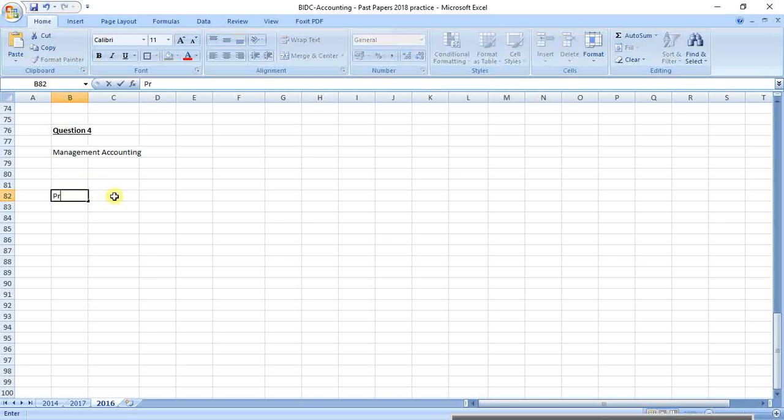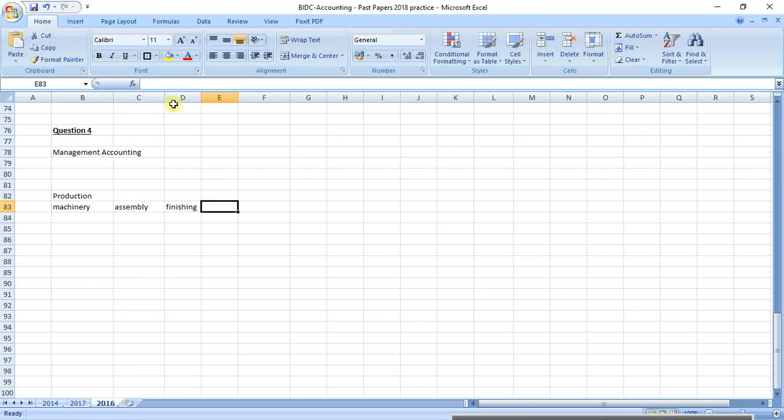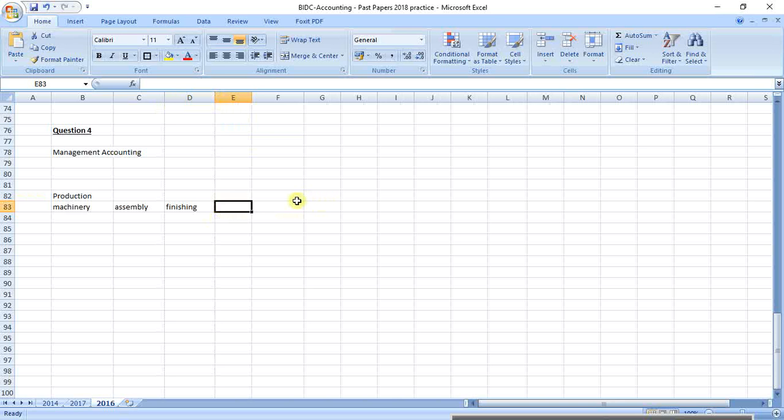With production, I've got machinery, assembly, finishing. Then I've got service, and there are 2 there: the stores and the canteen. Figure-wise, can you quickly give them to me?